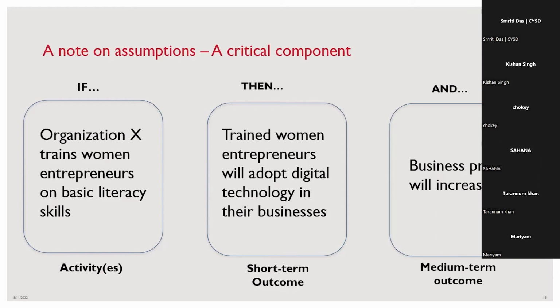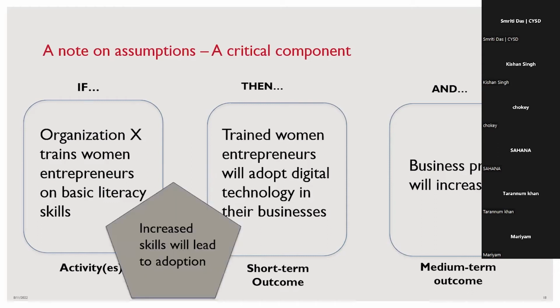So let's just look at a couple of examples of what assumptions could look like. And we've gone all the way back now to our most basic layout of a theory of change. So one assumption that we're sort of making here is that first, an assumption before the assumption is that we're assuming that our training on basic literacy will increase skills, but we're also assuming, really critically important, that increased skills will lead to adoption of technology.